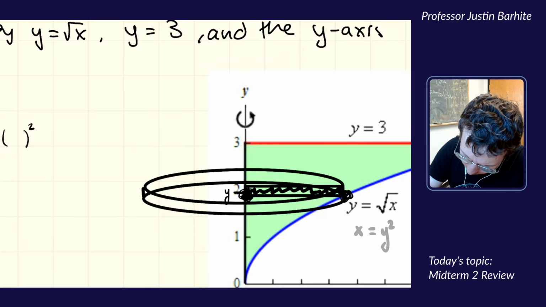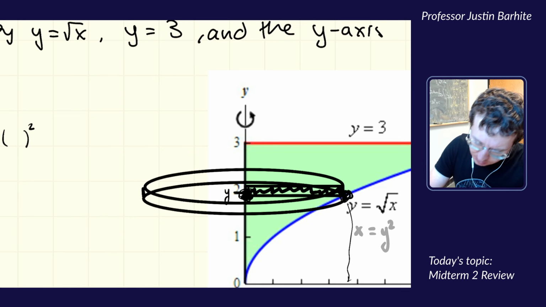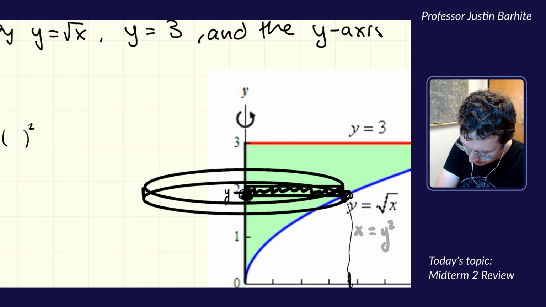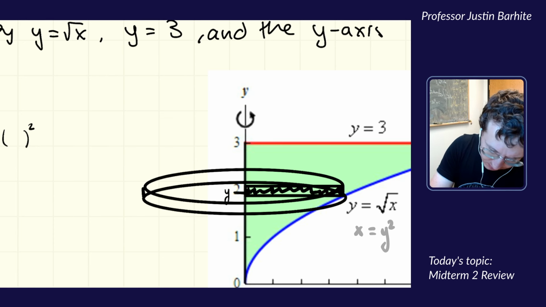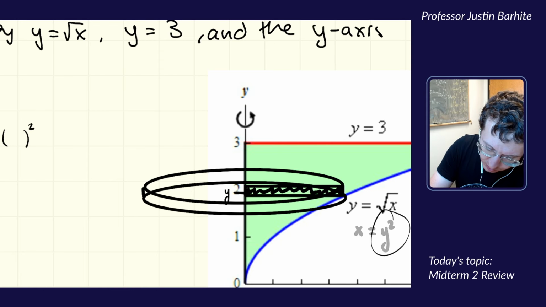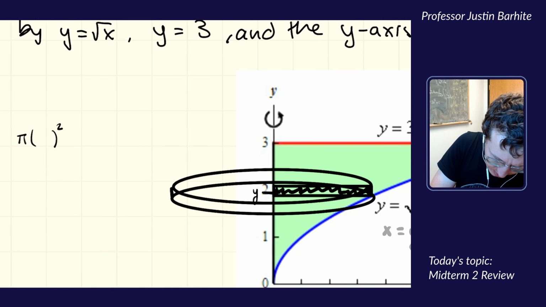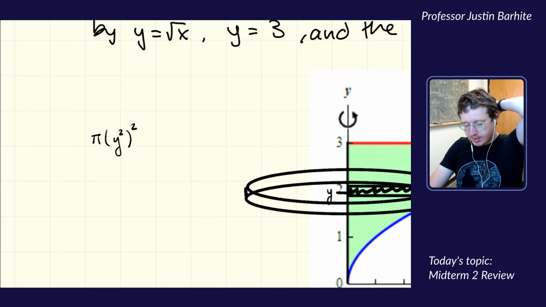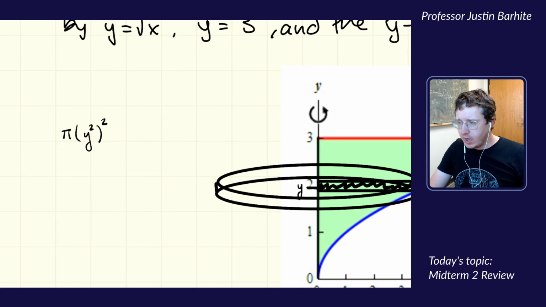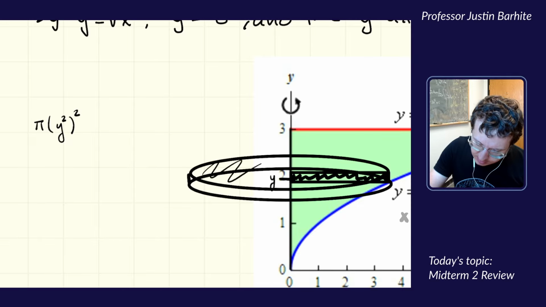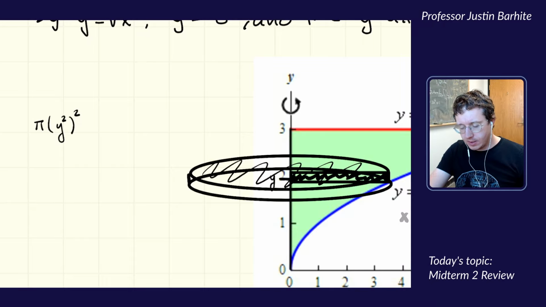So whatever this x value is, that's the radius of this disk. And that x value is y squared. So pi times y squared squared is the area of this circular face of this little cylindrical disc.